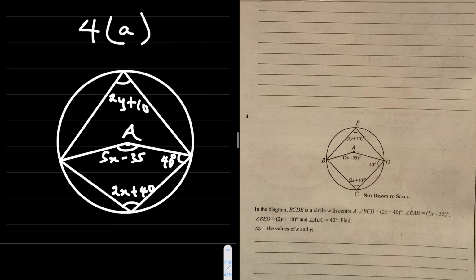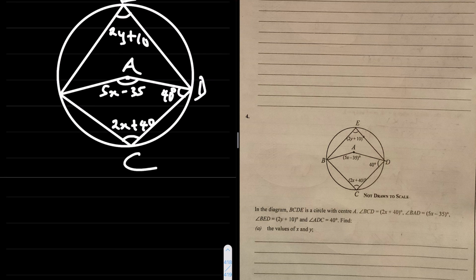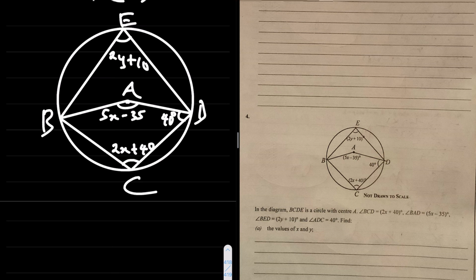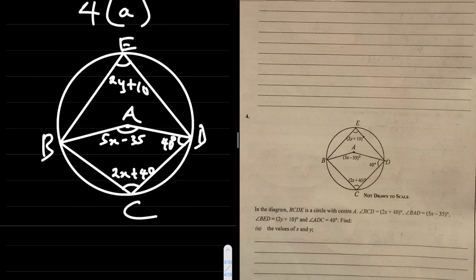Okay, now we want to find angle. Let me label the points on the circle. This is E. This is D. This is C. And this is B. Now we want to find the values of x and y. What's the first thing to do?